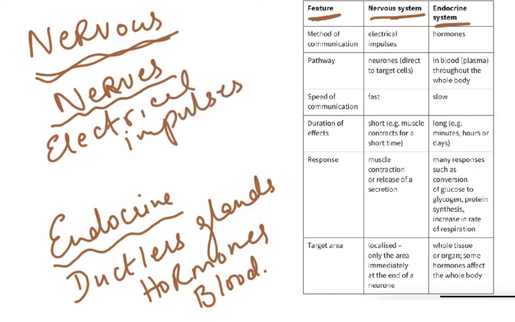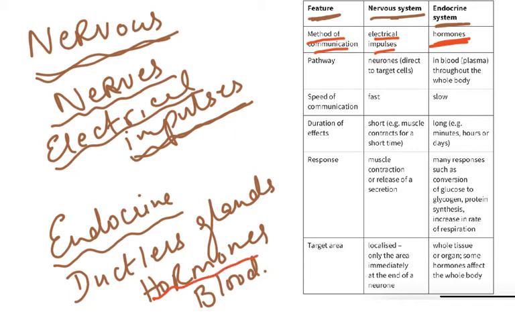It's not an SMS. It's not a WhatsApp message. It's electrical impulses. And these are the words that we want you to write in the exams, because that's typically very correct biological English. So the method of communication is electrical impulses, while here we have hormones.